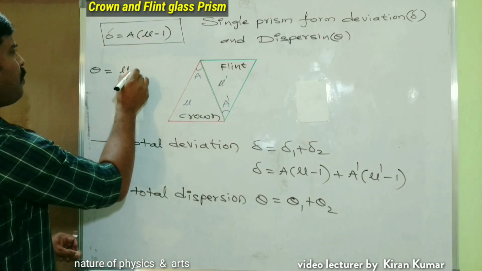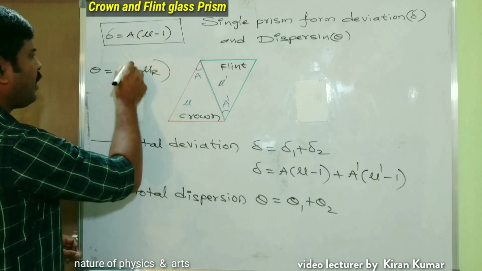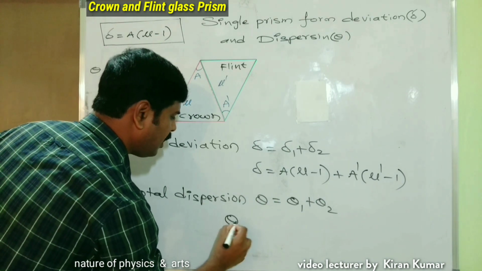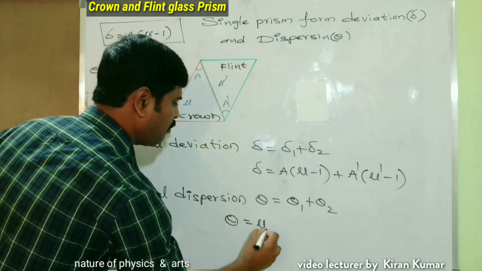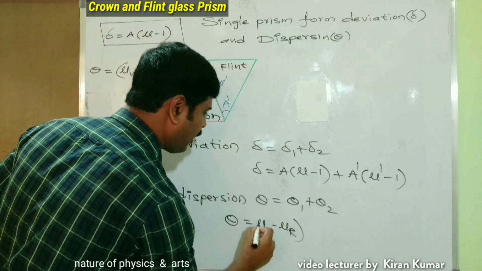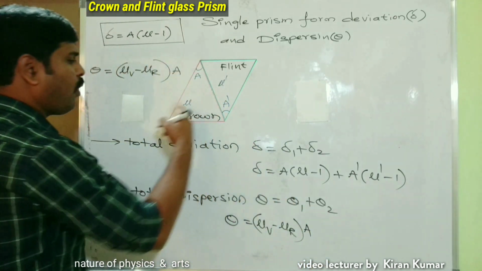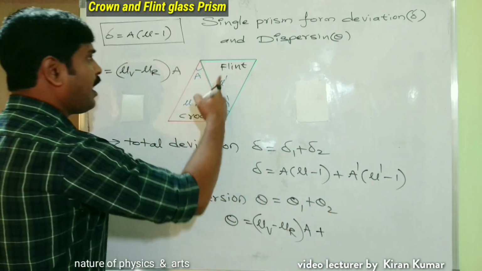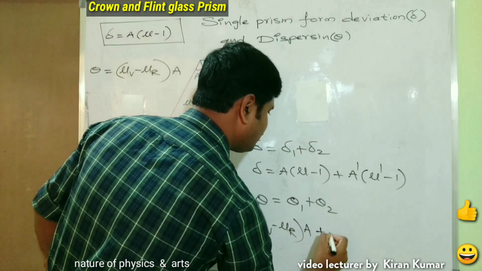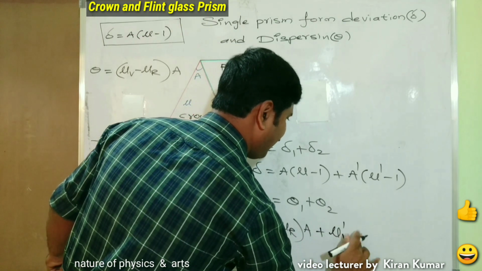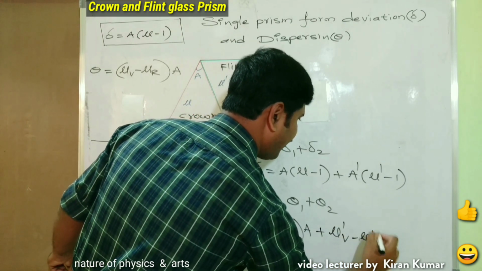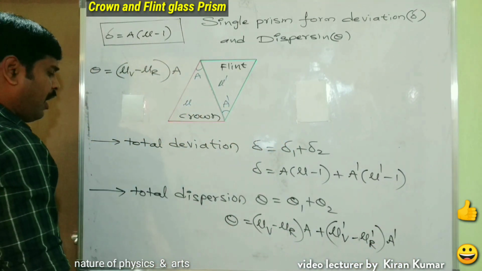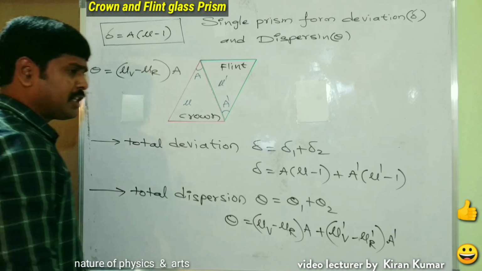That is mu v minus mu r into A. So for the first one, theta is equal to mu v minus mu r into A for the crown glass prism, plus theta 2 for the flint glass prism, that is mu v dash minus mu r dash into A dash. This equation represents the total dispersion.